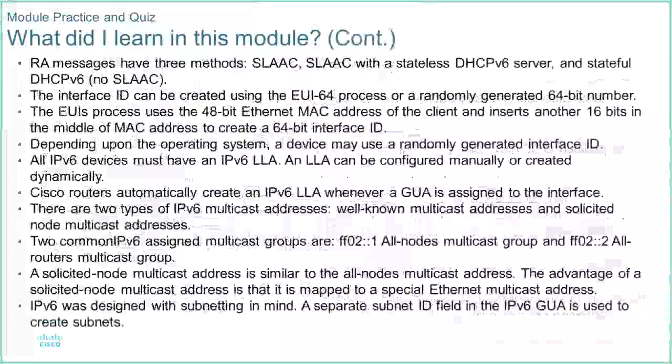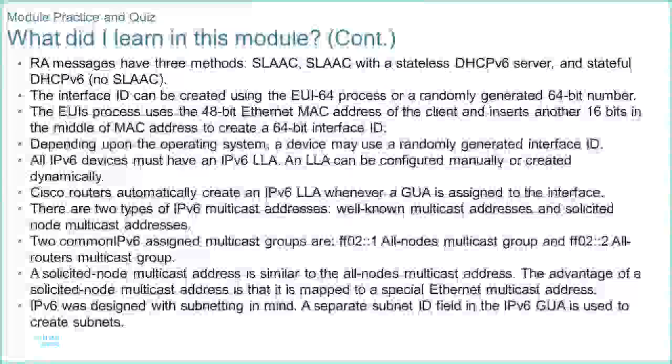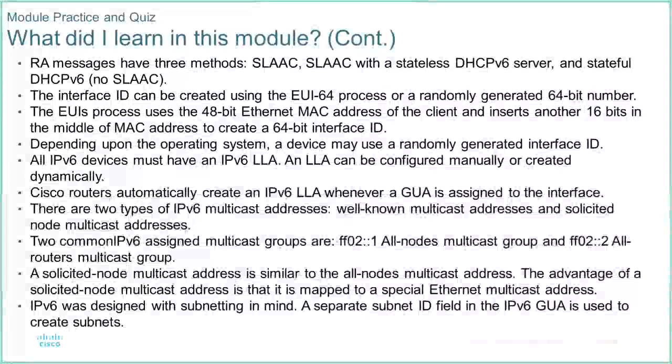The method of automatically generating these addresses is SLAAC, and they can then use a combination of EUI-64 or just a randomly generated number to generate our interface ID of 64 bits in length.